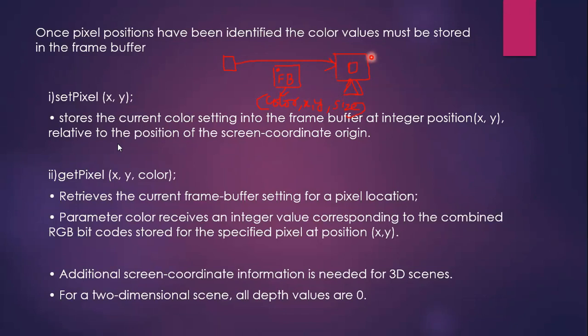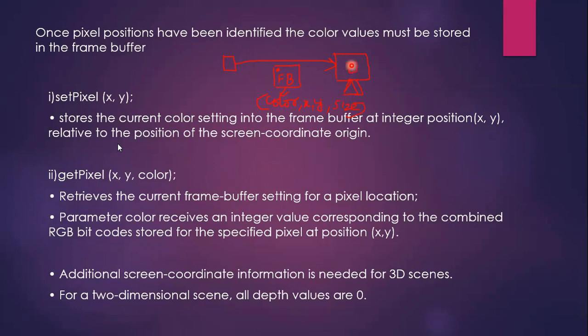There will be different coordinate values when you are displaying it on the screen. So we call them screen coordinates, and they have their own xy origin. We represent the origin with 0 comma 0.